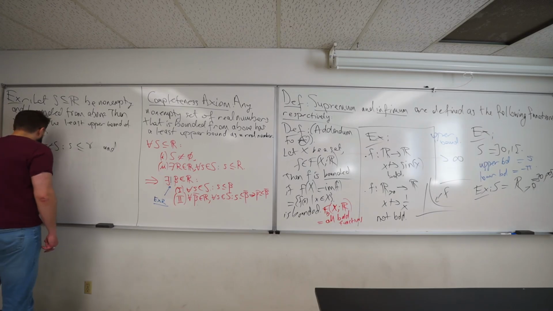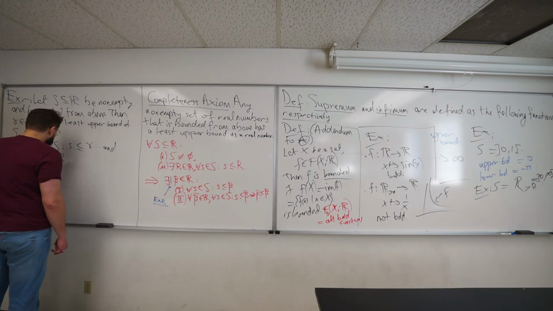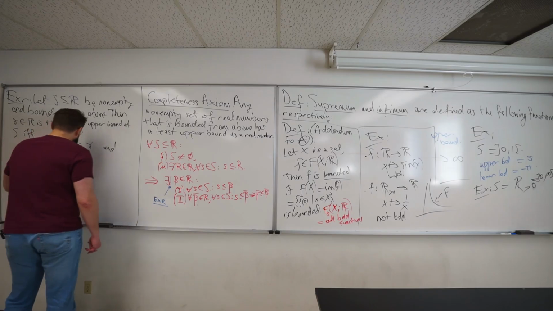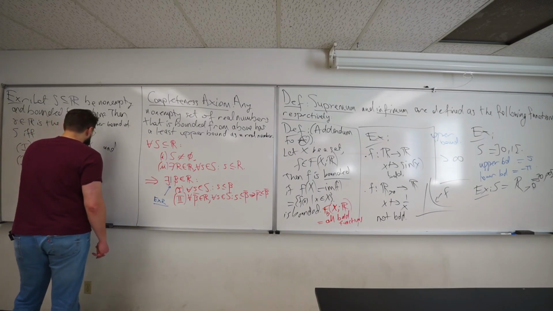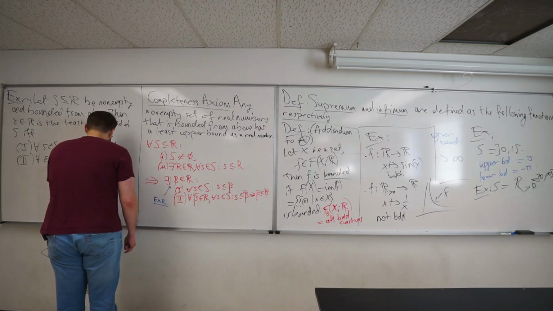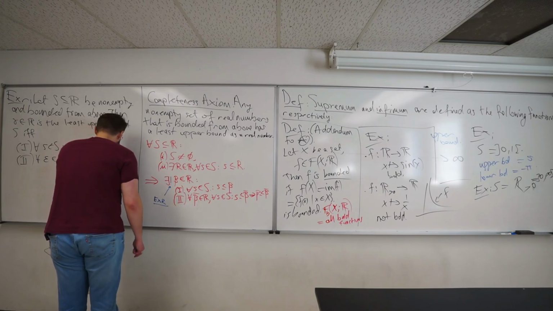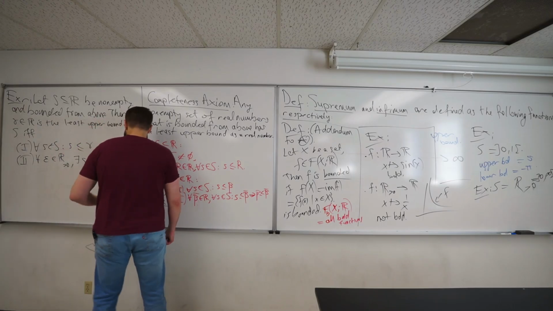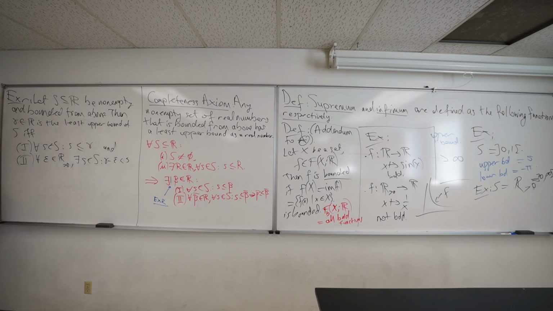For any epsilon positive, there is an s in S such that gamma minus epsilon is less than s. This is very useful. And I highly recommend that you verify that indeed this gamma being the least upper bound of S is equivalent to these two statements.